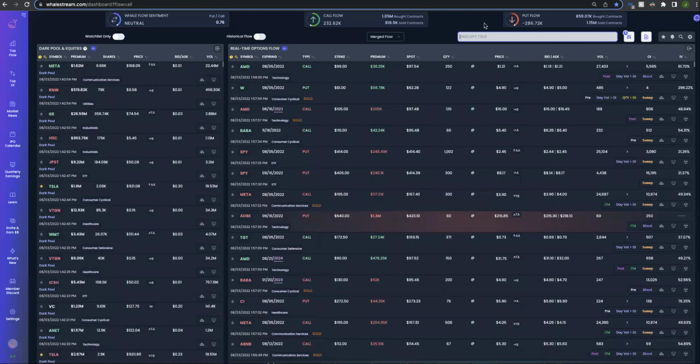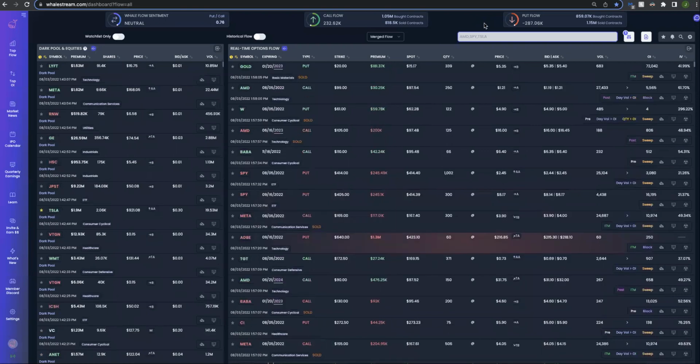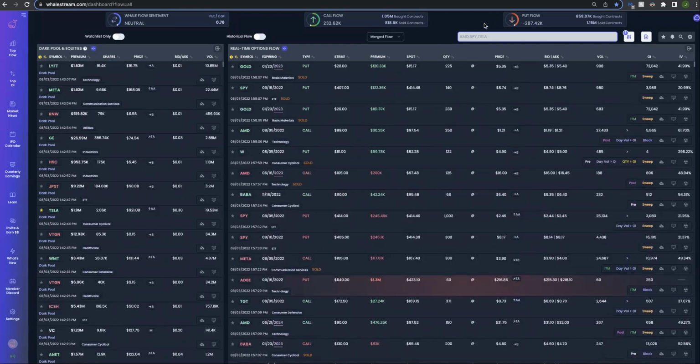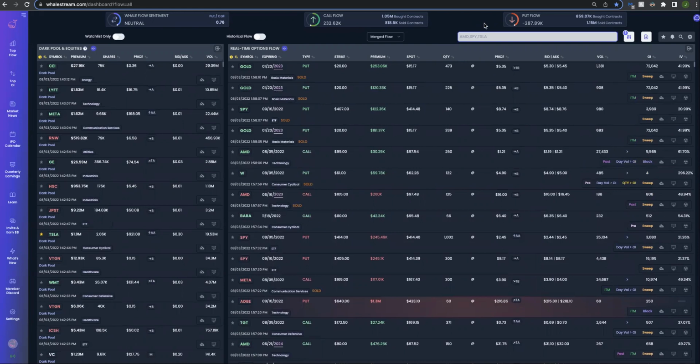You're seeing that this whale thinks that news is going to turn out in the company's favor, so they're betting on calls. And if they're putting big money, and this event is coming up, it's likely speculation. I don't know how right it is, but a lot of the time the whales know something that we don't.